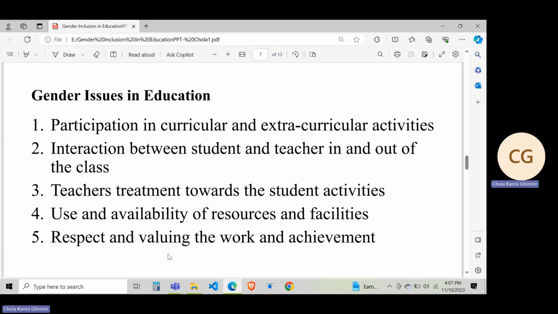When we give a task to girl students and boy students, they will do the task, but during their assessment and praising, there may be differences in the valuing of their work, their task, their assessment. Therefore, valuing the work and achievement is another important issue in inclusion.